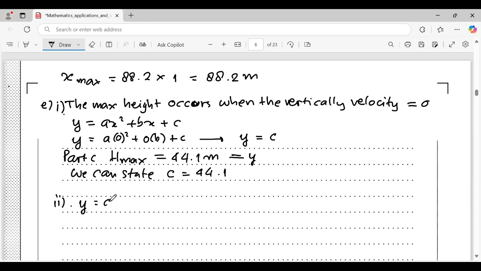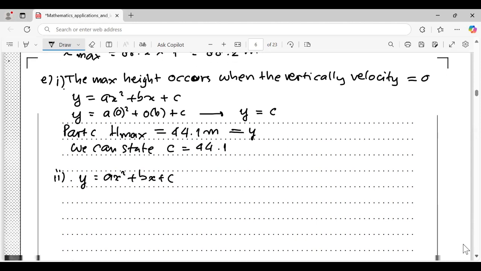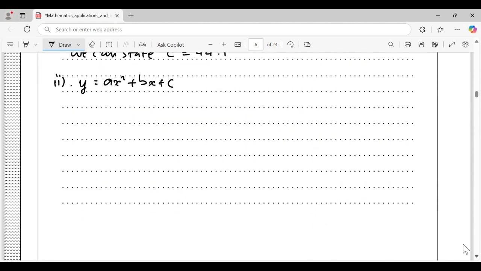Part 2. y equals ax squared plus bx plus c. To get the maximum value, we are going to find the derivative. So the derivative of this function, dy/dx, equals 2ax plus b, and it should be 0.